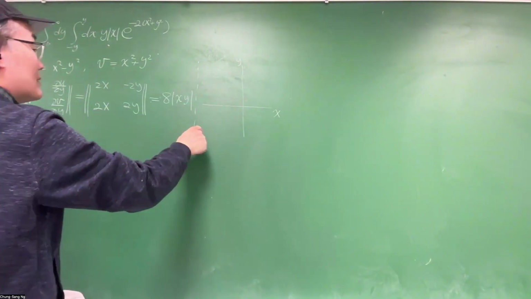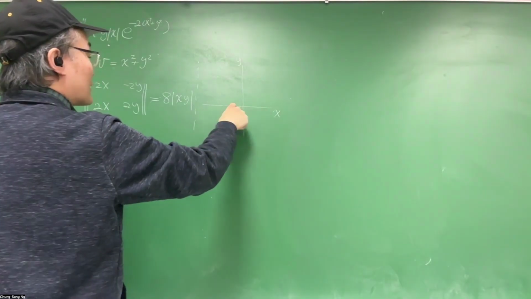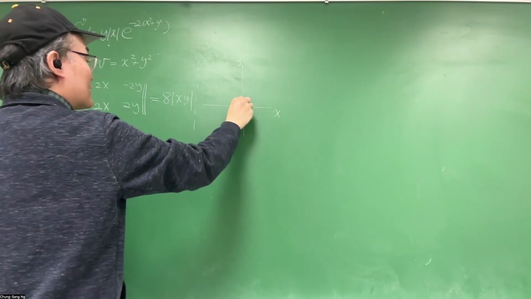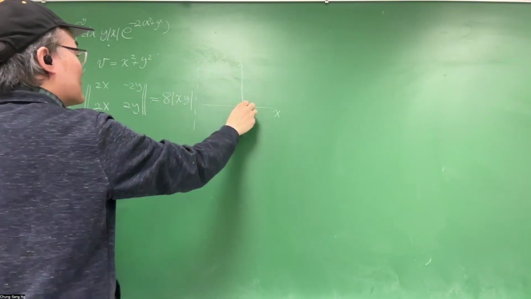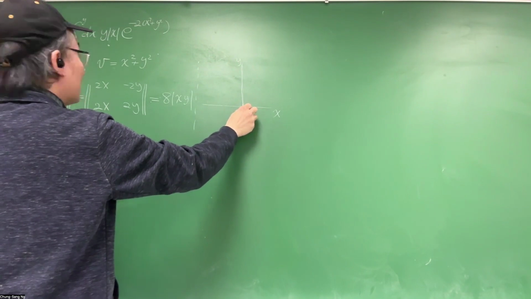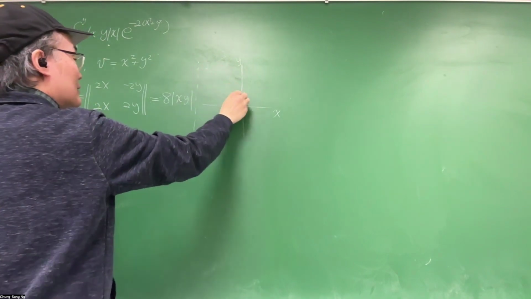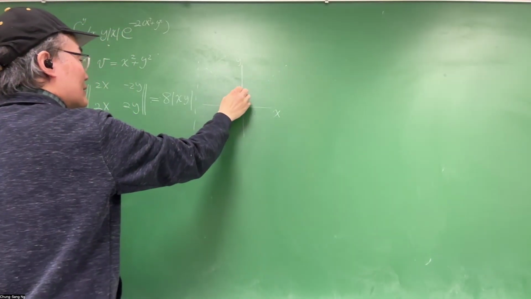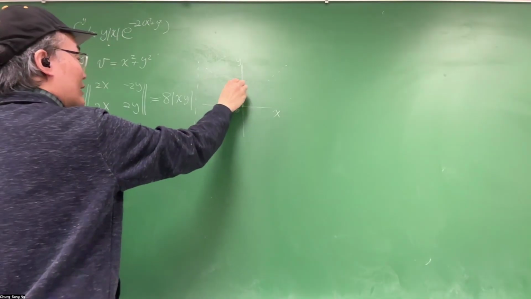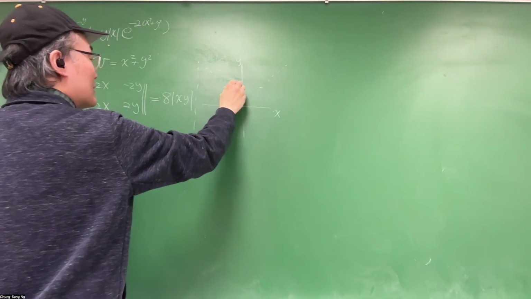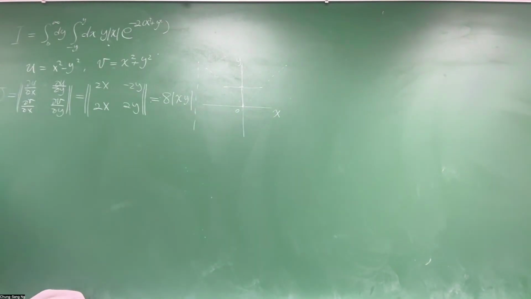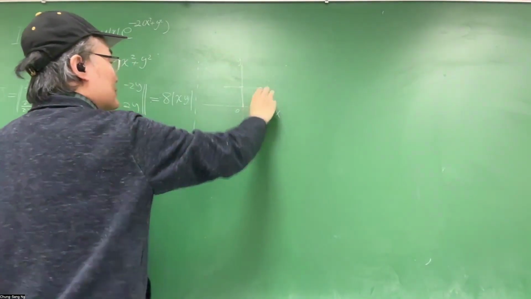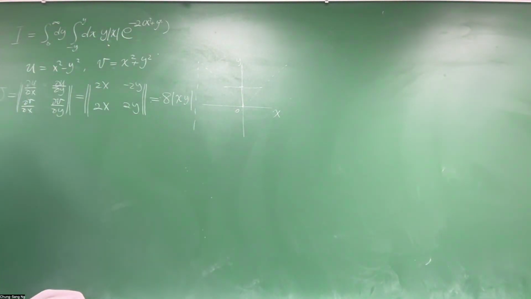And then x is from minus y to y, so you have 45-degree lines in this area. For a given y, you integrate from here, right? So this is the area bounded by these two diagonal lines, right?